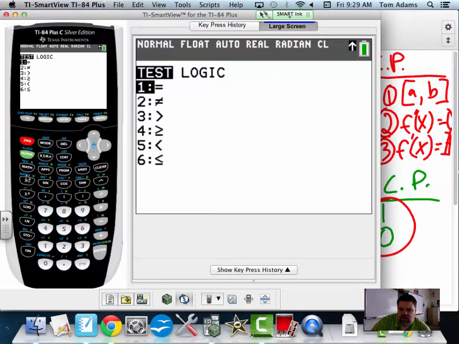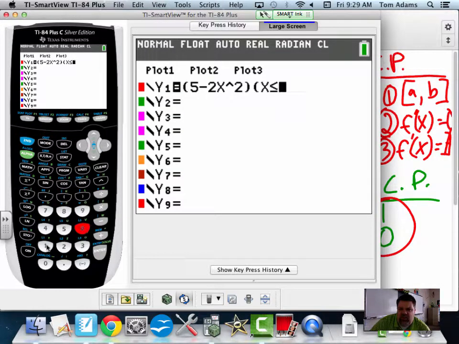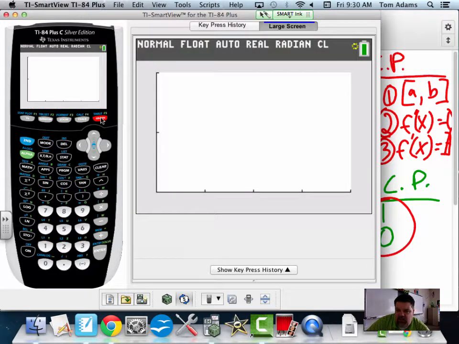I first put in parentheses the expression, and then I put the restriction. In other words, x has to be less than or equal to 1. Now, that's the first part of the function, so I enter the plus symbol, and then I put the second part of the expression, which is x plus 2, followed by the domain restriction or boundary of that second expression.